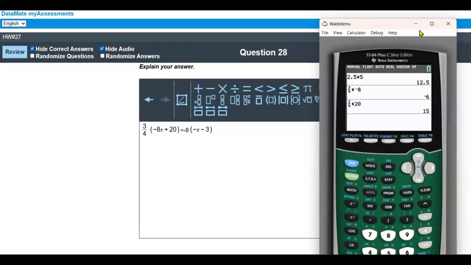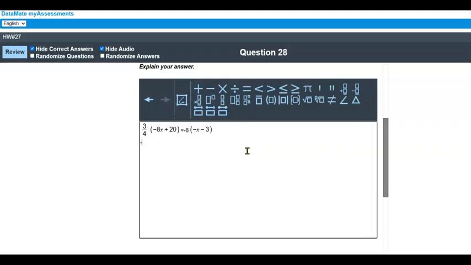So it looks like I get negative 6 and 15. So I'm going to get negative 6x plus 15 equals, now I have a negative 8 times a negative x, so that's going to be positive 8x and a positive 24.